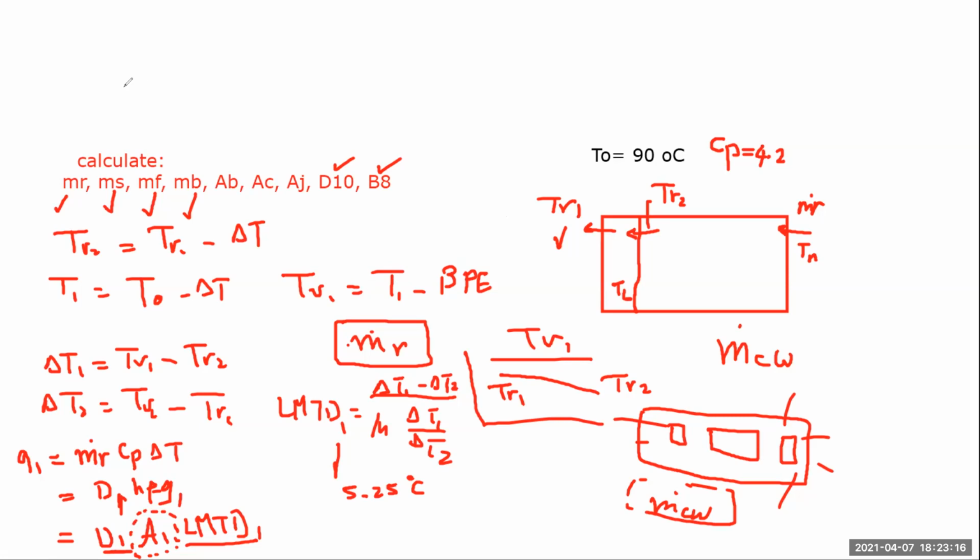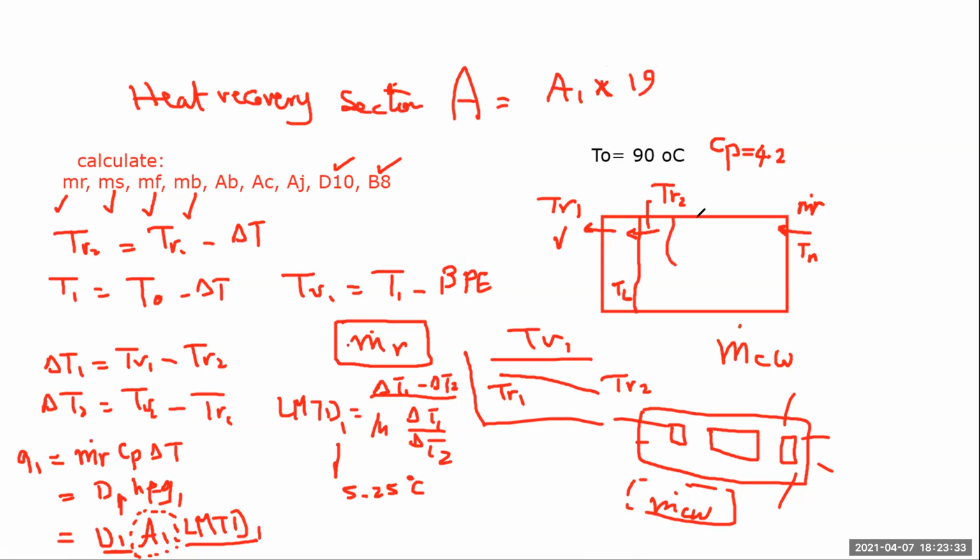Then the area of the heat recovery section is equal to A1 times 19. We have 19 stages in the recovery section. Then after that, you are going to go to the heat rejection section.